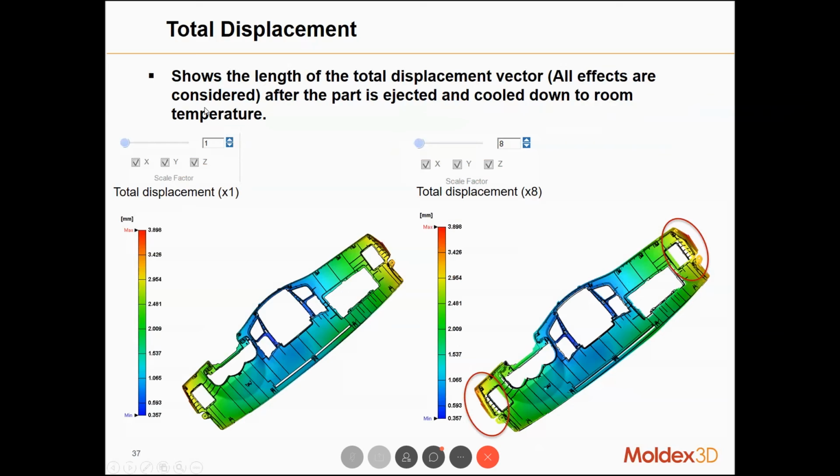So by being able to increase the scale, you might get a much better visual image of how the part not only shrinks but also warps. So in this case, you can see the two sides of the part are warped to the outside. So if you don't raise the scale, you don't even know which areas have the warpage issue.